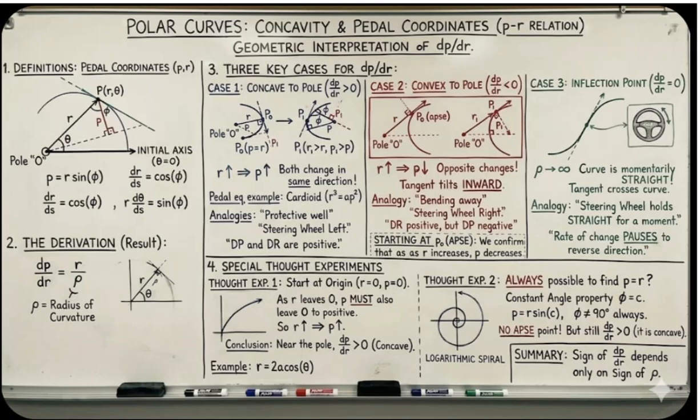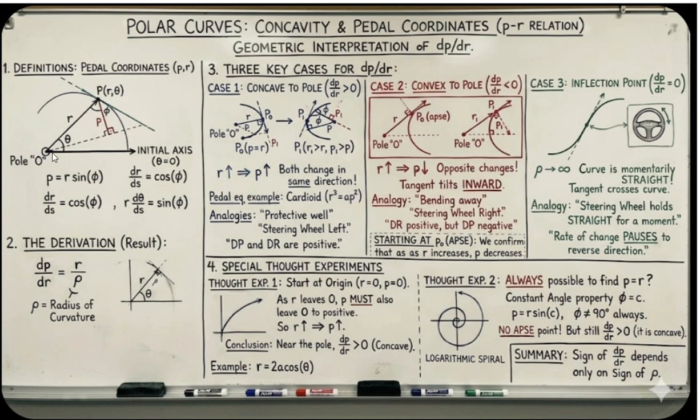Okay, let us start our discussion on concavity and convexity in polar curves. We already know that the polar curve is represented by r equals f of theta. Here, any point on the curve is represented by some r and theta, not by an x coordinate and y coordinate.